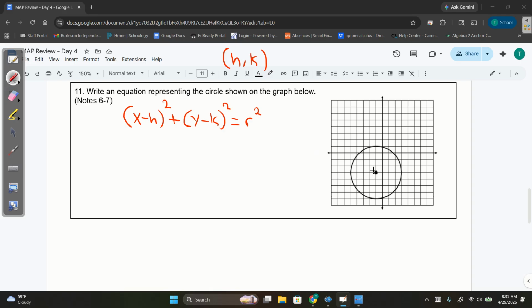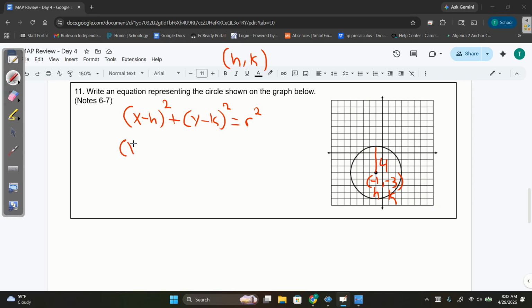So my center here is located at negative 1, 1, 2, 3, negative 3. And my radius is 4. This is my h value, this is my k value. All we got to do is plug these things in and simplify it.